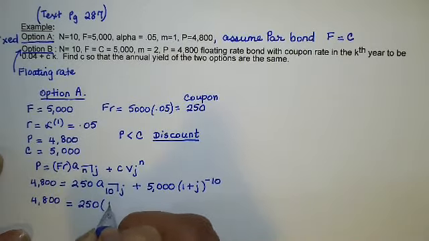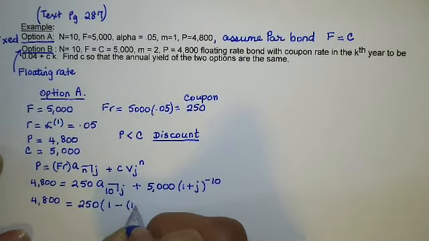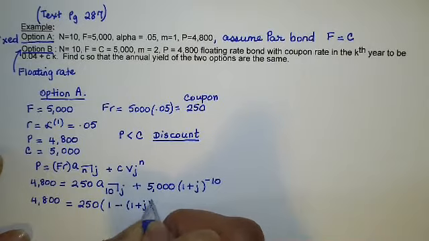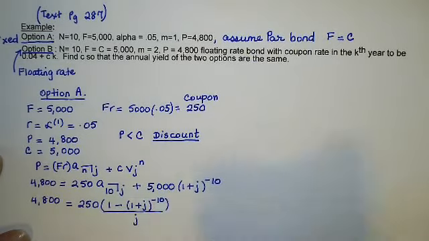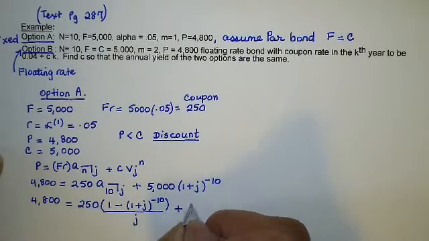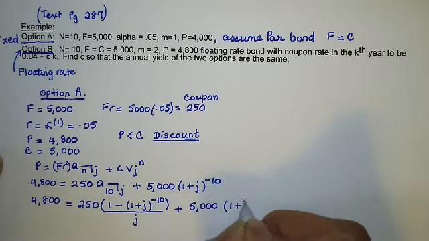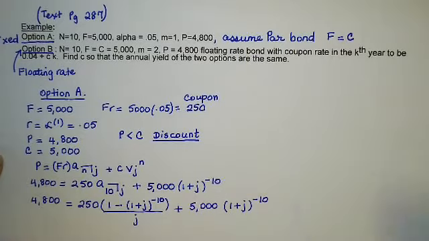So 4,800 equals 250 times 1 minus 1 plus J to the minus 10 over J plus 5,000 times 1 plus J to the minus 10 power.